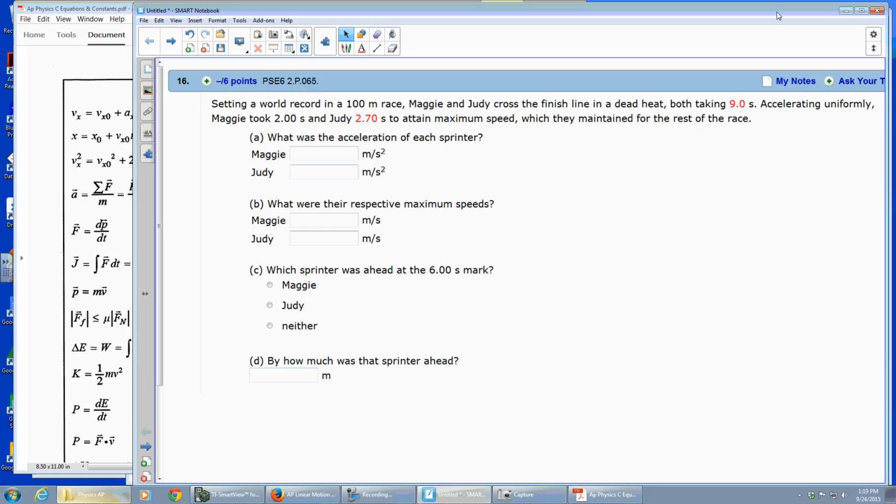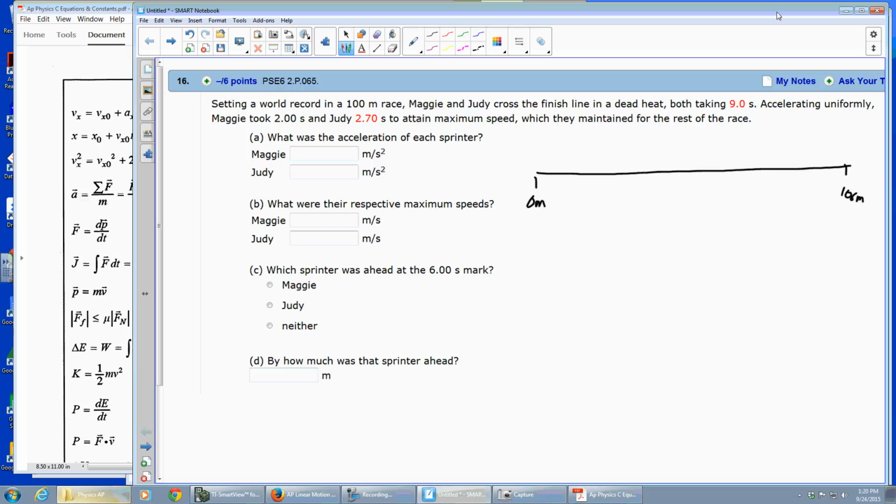So let's look at what was the acceleration of each sprinter. They attain maximum speed, which they maintain for the rest of the race. So I'm getting in my mind that if I drew the race, here it is, that's 100 meters, that's 0 meters.